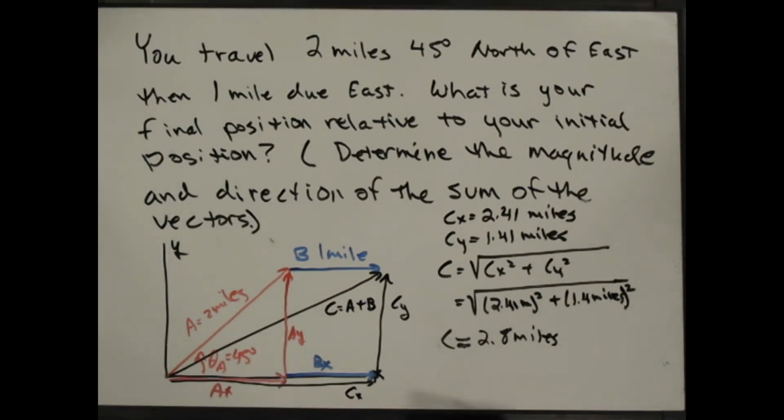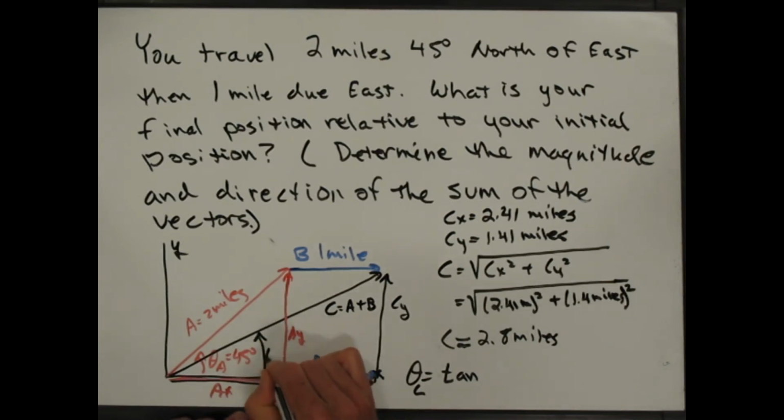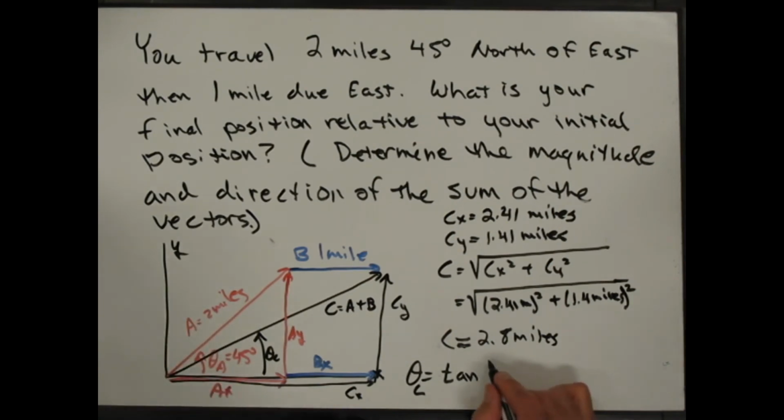So that's the magnitude, and then I can say theta is equal to tan inverse, theta C, that is this angle, right? The angle that C makes is CY over CX. Right?